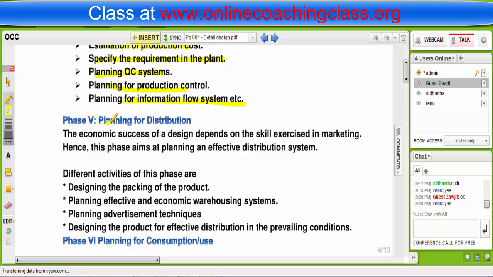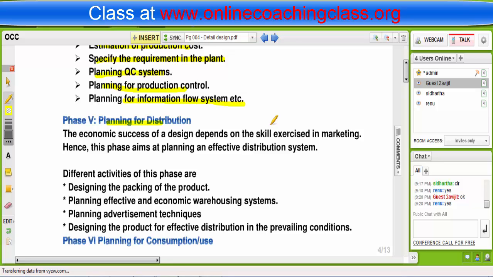Now the planning for distribution. Your production is done. Now you have to think about the distribution, because you invented something, you designed something, you manufactured this product also. Now you have to sell, and for selling you have to distribute from the company to the distributor. Now in this distribution the economic success of a design depends on the skill exercised in marketing.